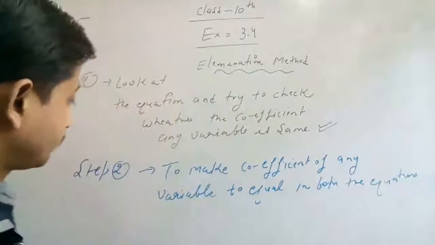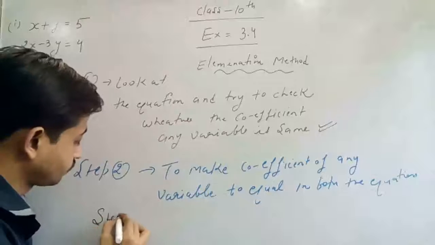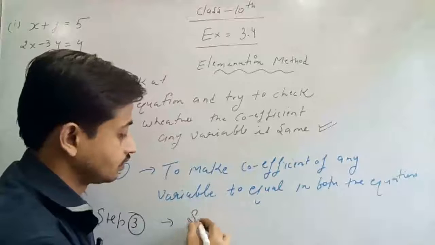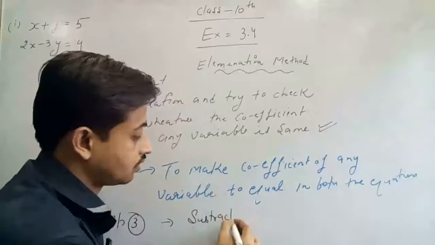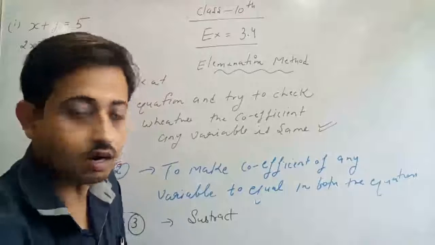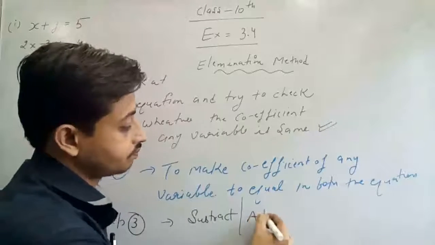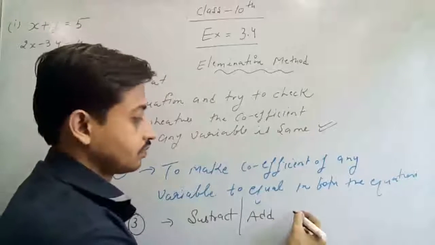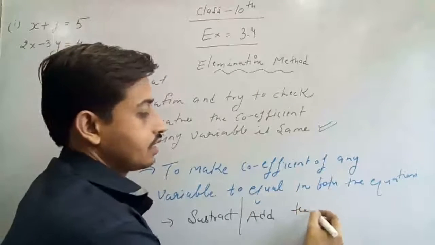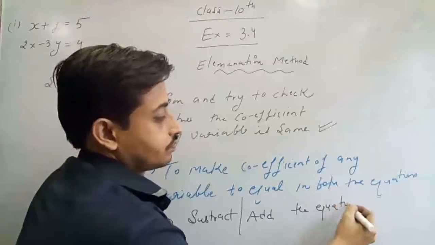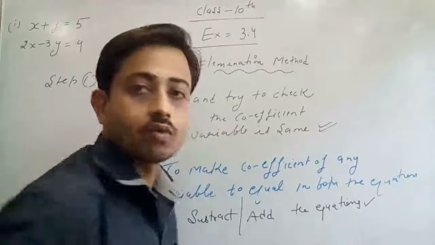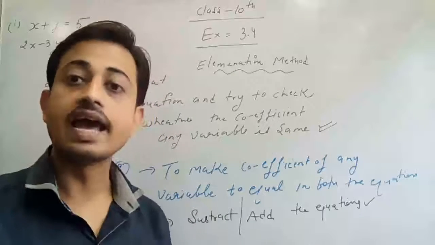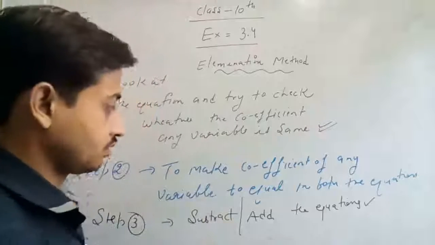Now what is the third step? Third, subtract or you can add the equations. It's our choice. You have to add or you have to subtract for elimination of one variable.